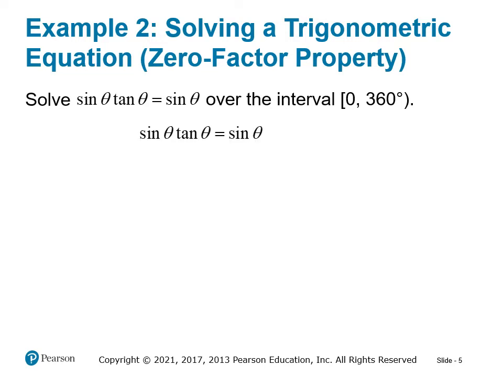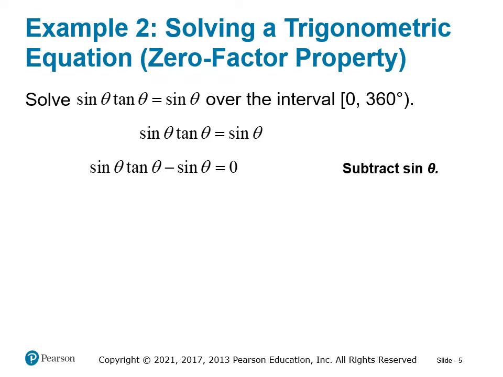A thing we might do here is try to write all the functions in the same trig function, or set up something a little differently. Notice if we subtract sine theta from both sides, we get sine theta times tangent theta minus sine theta equals 0.